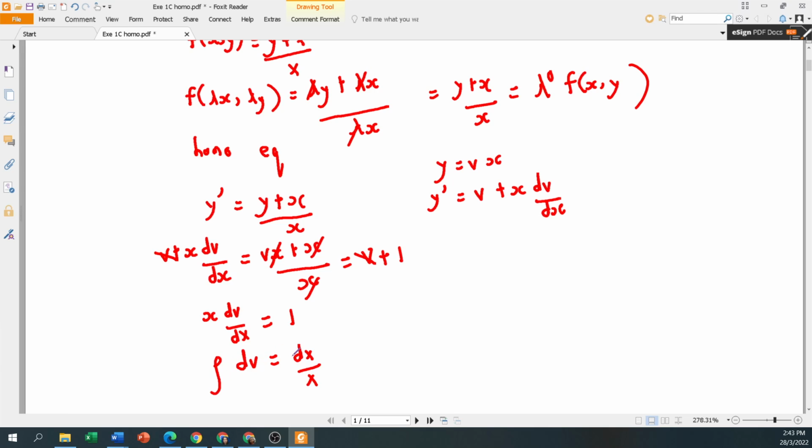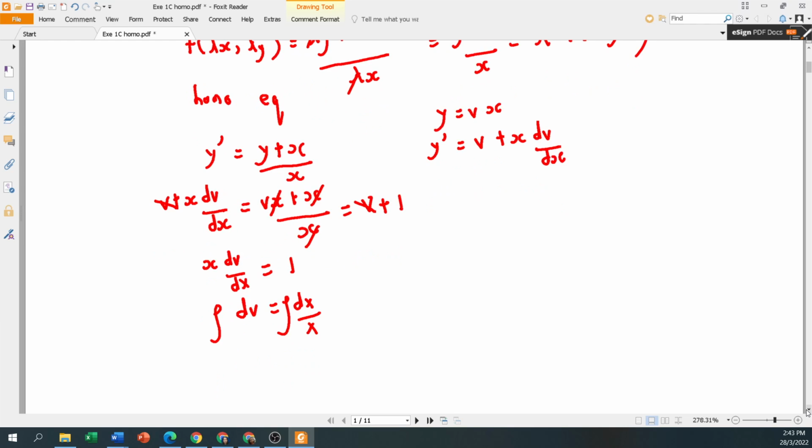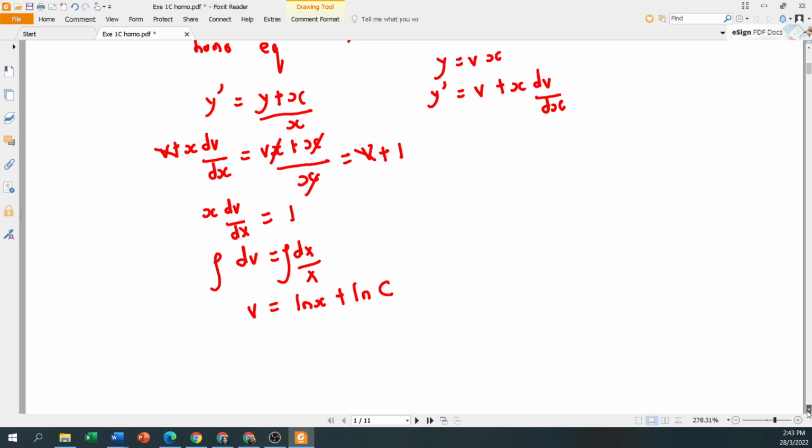Now you can integrate both sides. Integrate 1 dv, we have v. Integrate 1 over x, you have ln x, plus a constant, which I can put in terms of ln c. Lastly, replace back v is y over x. So ln x plus ln c becomes ln cx. So y is x ln cx.